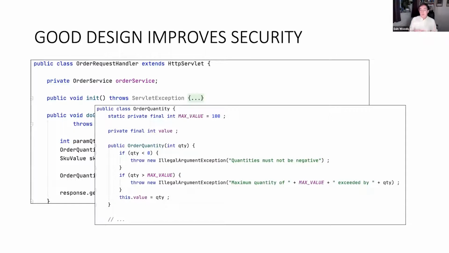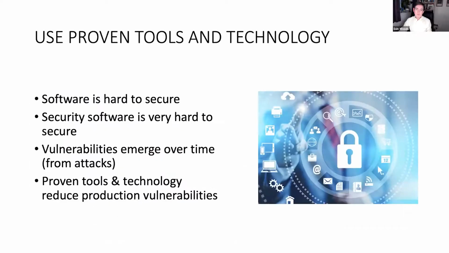If we have types that have business rules built into them, one, this produces better software, it's easier to test, it's more reliable functionally, but also very often it has beneficial security side effects. So it's worth us thinking about being intentional in our design in order to improve security, as well as other features such as code coherence and quality.